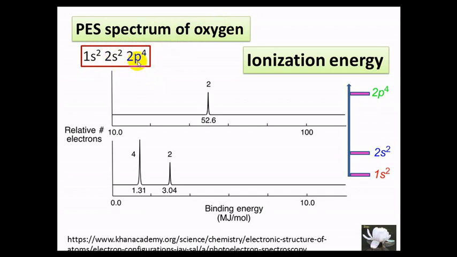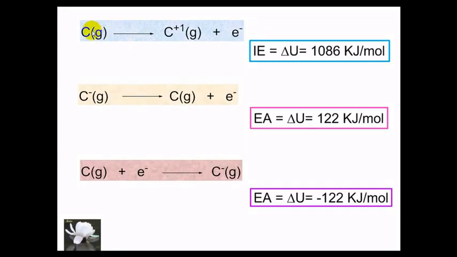Here we can observe that the 1s orbital has the highest energy, with 52.6 megajoules per mole. In contrast, the 2p orbital has the lowest energy, 1.31 megajoules per mole. In this example, the ionization energy for gas carbon is 1086 kilojoules per mole.